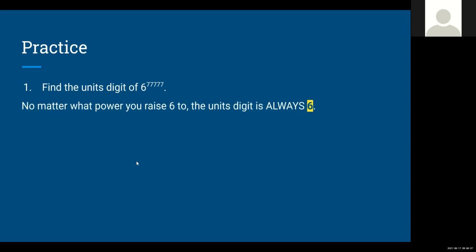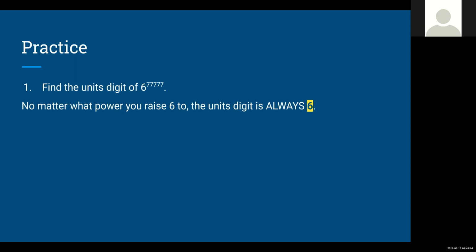Okay, so this is correct. No matter what power you raise 6 to, the units digit is always 6. So 6, 36, 216, 1296, and so on. The units digit is always 6. So that's a handy thing to know. As you solve more and more of these questions, you'll also be able to just memorize some of these cycles.